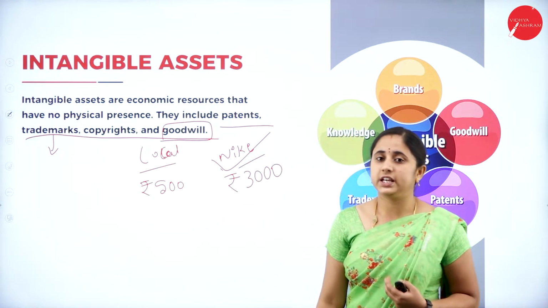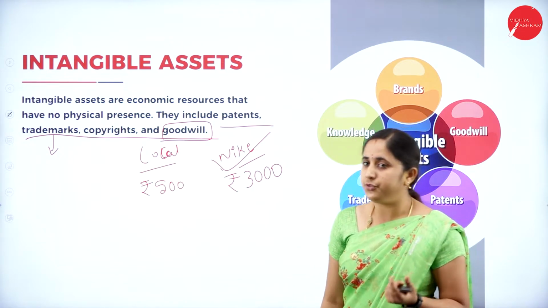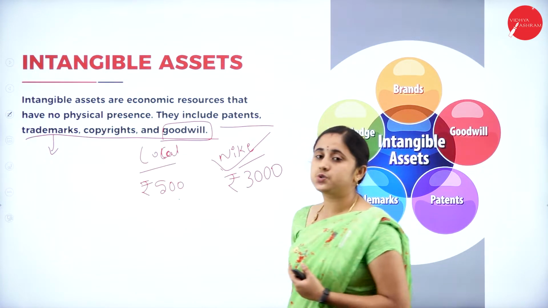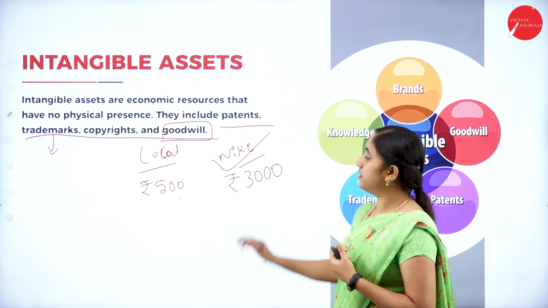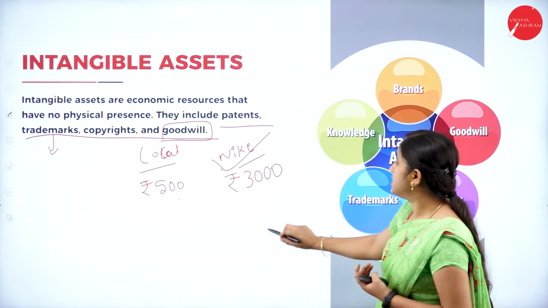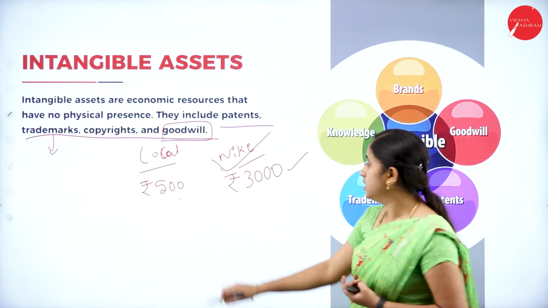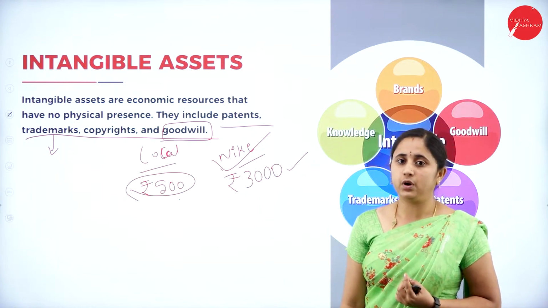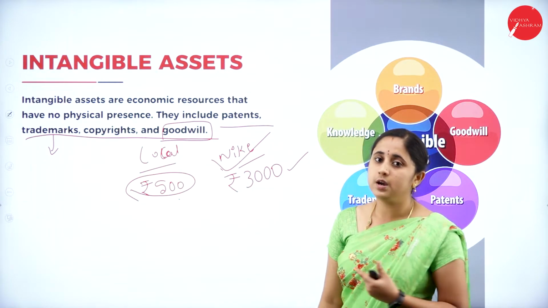For the Nike, 3000. The same product with the same color, quality and features, but the local product costs rupees 500, while the branded Nike company shoe is 3000. So the customers are ready to pay 3000 for the branded goods, but not for the local product. Why? Because of the good name, the brand name of the product.